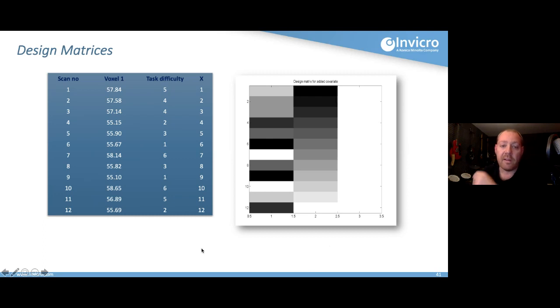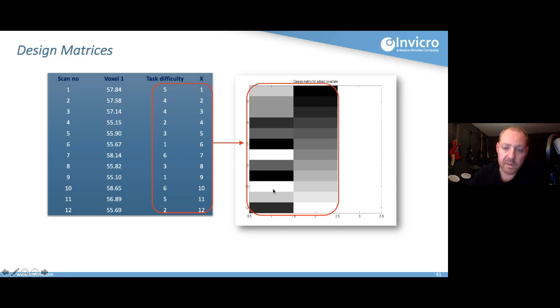You can get fancier by adding in other columns. What we're talking about now are what's called design matrices. If anybody has ever used any neuroimaging software, you'll have seen these things. This is basically a representation of these numbers, but in a color code. You can see the lower numbers, 1 is black and 6 is white with gradations in between.